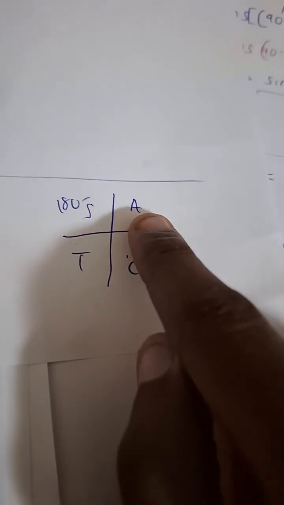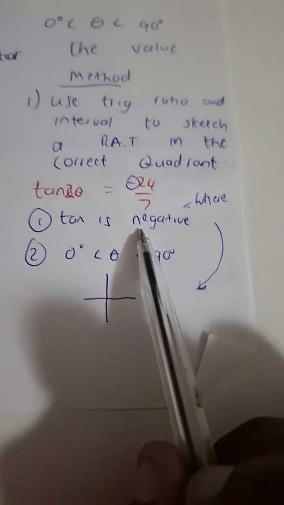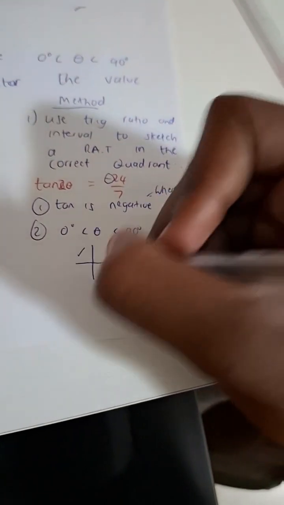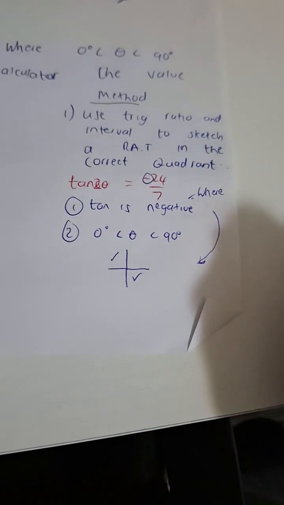All trig ratios are positive in the first quadrant. Sine is positive in the second. Tan is the one that's positive, that's why there's a T, in the third. And cos is the one that's positive in the fourth quadrant. So where is tan negative? Tan is negative in the second and the fourth.